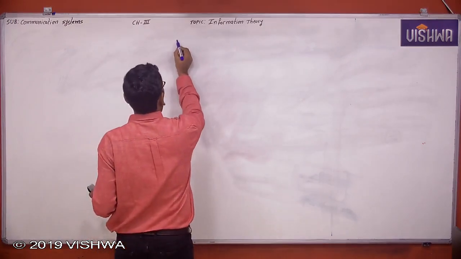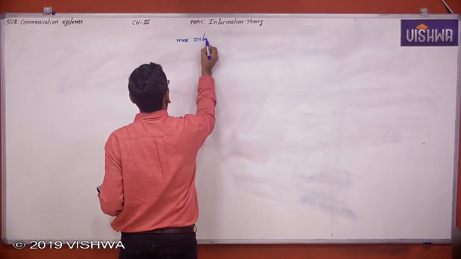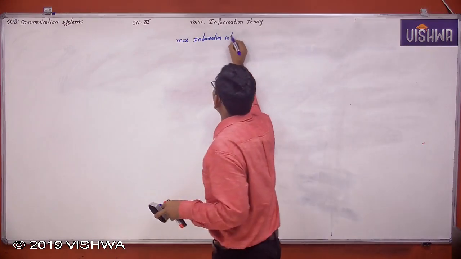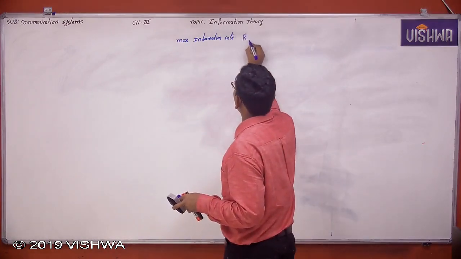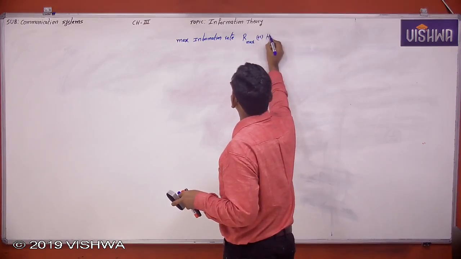Now, what is the maximum information rate? The maximum information rate is nothing but R maximum or H dash maximum.